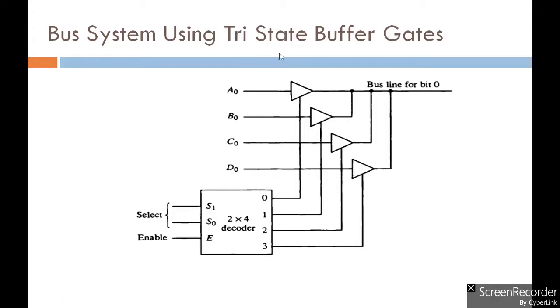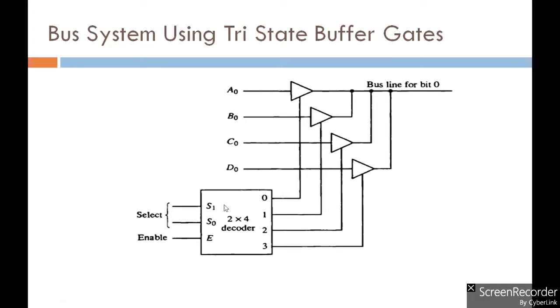So if we are having 4 bits as the input, then we will have a 2x4 decoder. So selection lines S1 and S0 will represent either 0, 1, 2 or 3, and those are used to select the particular input line and particular gate to transmit its data to the bus line for the 0th bit.